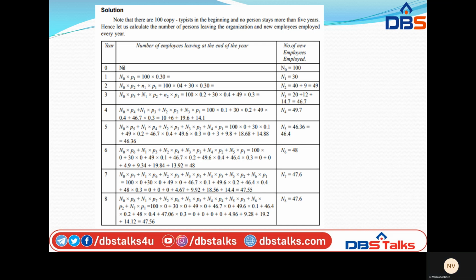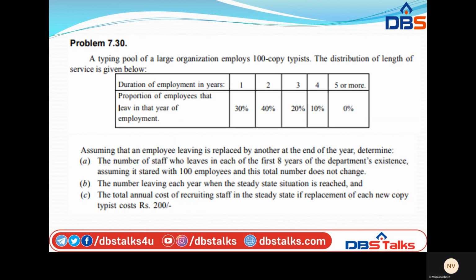Now, in the 0th year, no one was left out and no one was introduced. That means no one was left out. But in the entering, it means the 100. What is the new number entered? That is n naught equals 100. But in the first year, what is the probability given in the first year?